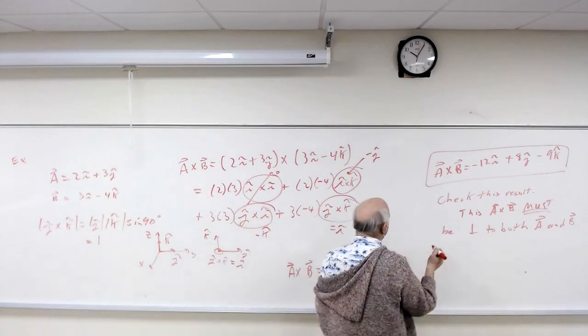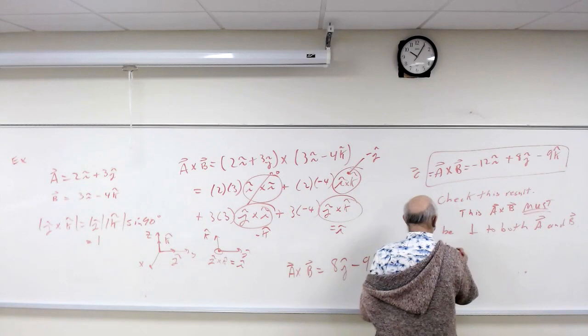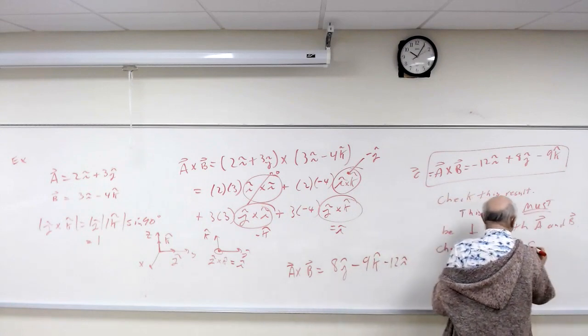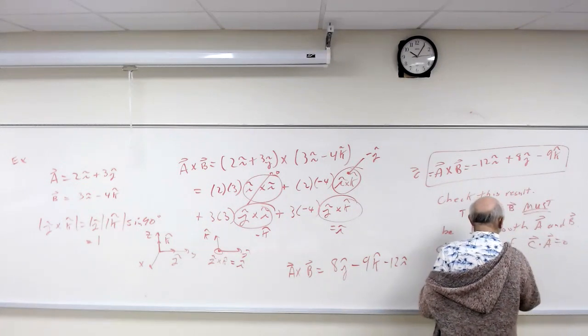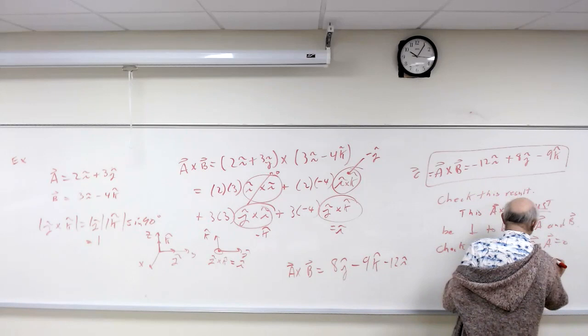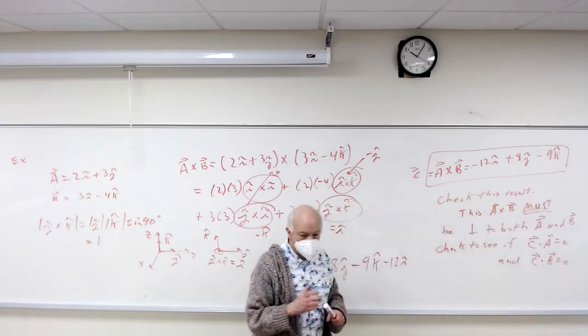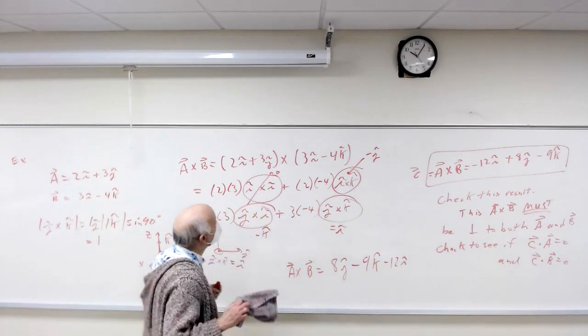So I'm going to give this a name. I'm going to call this C. So what we're going to do is check: if C dot A equals 0 and C dot B equals 0. That makes sense? Yeah.